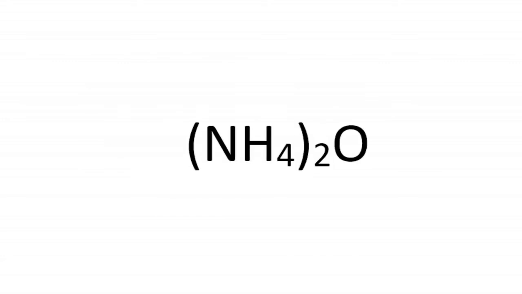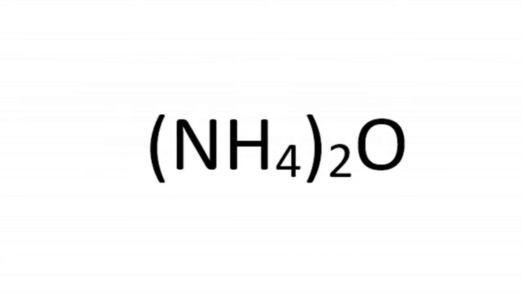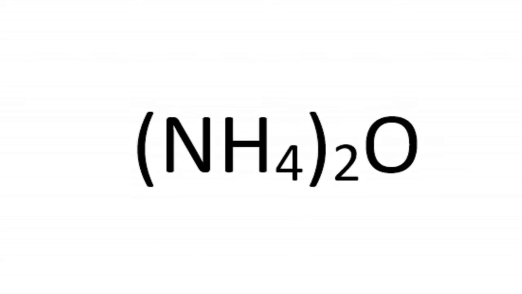So we need to put parentheses to show that we have 2 ammonium ions. Therefore, the chemical formula of ammonium oxide is (NH4)2O.